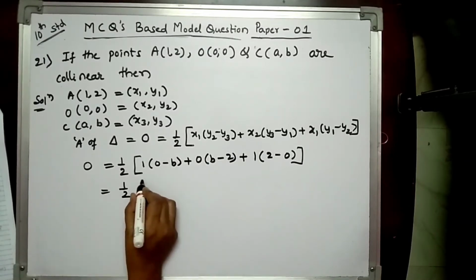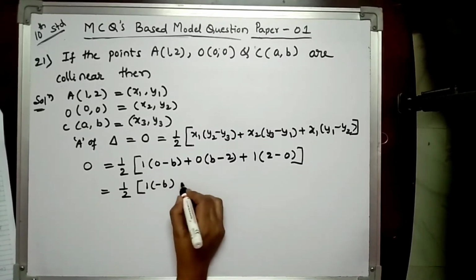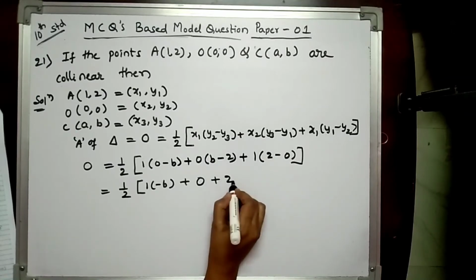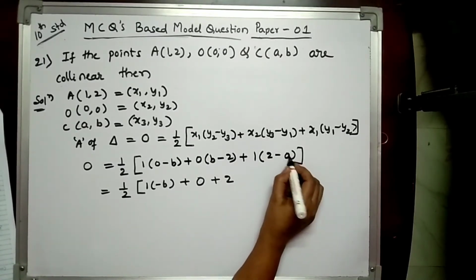Half, 1 into minus b plus 0 into anything is 0, plus 2. So y2 is a.